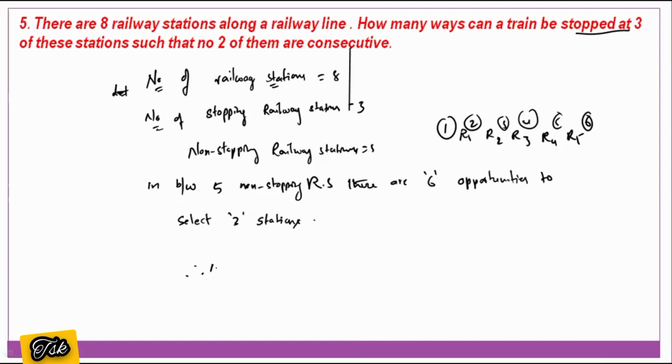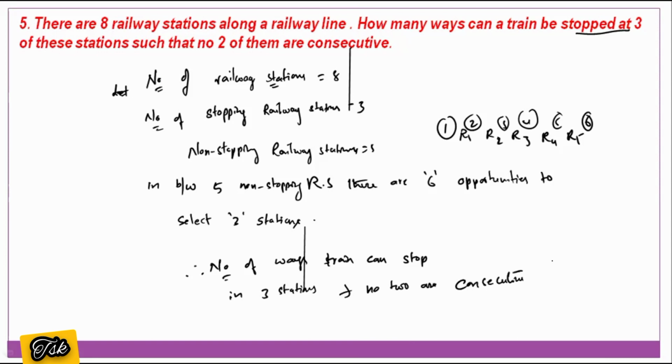Therefore, the number of ways a train can stop at 3 stations such that no 2 are consecutive is nothing but 6C3.